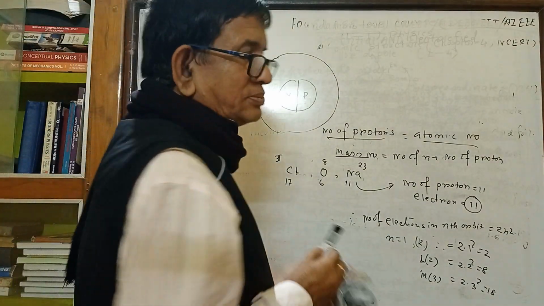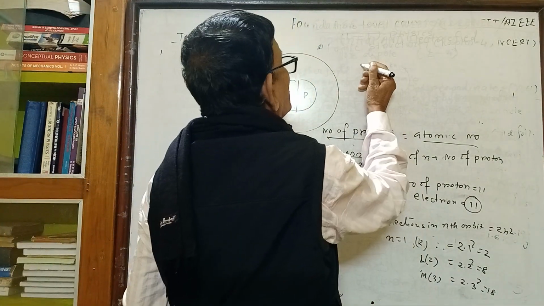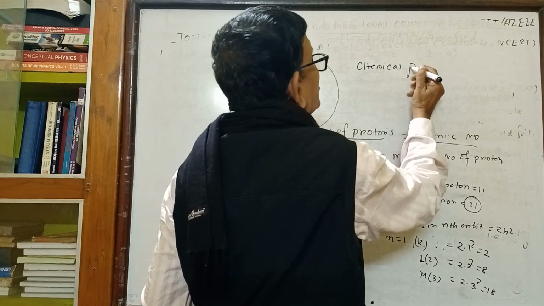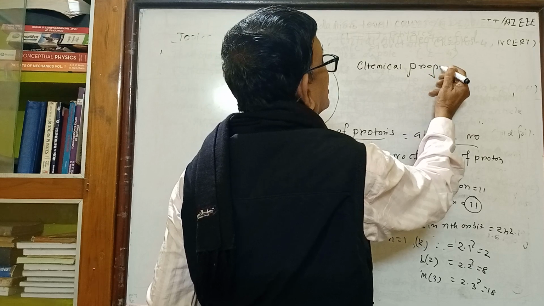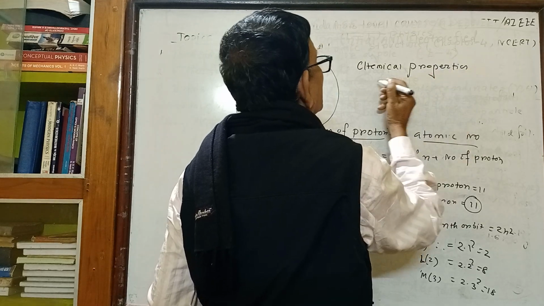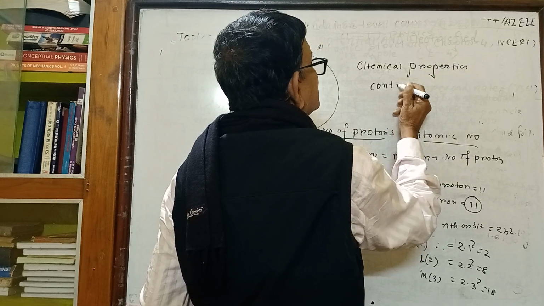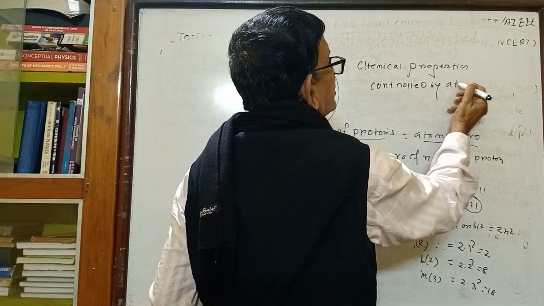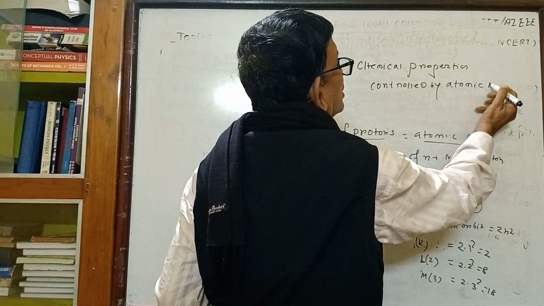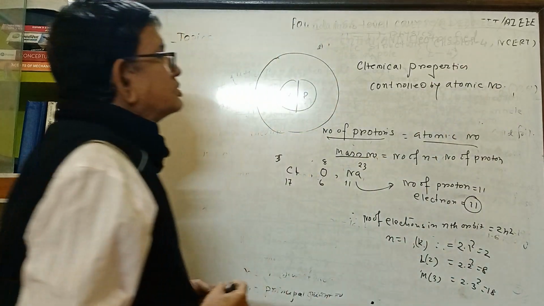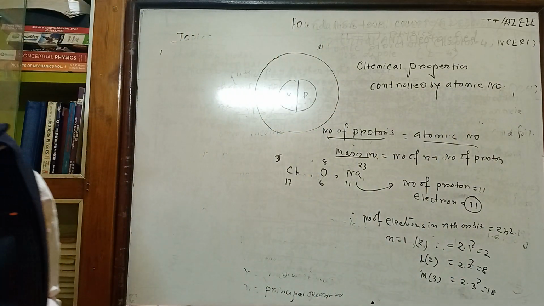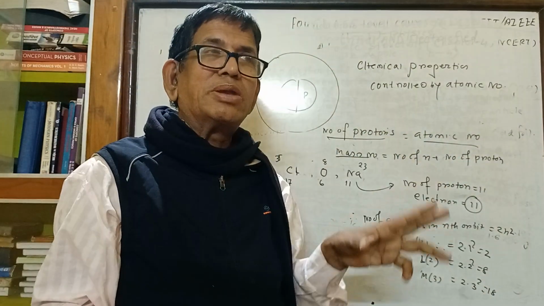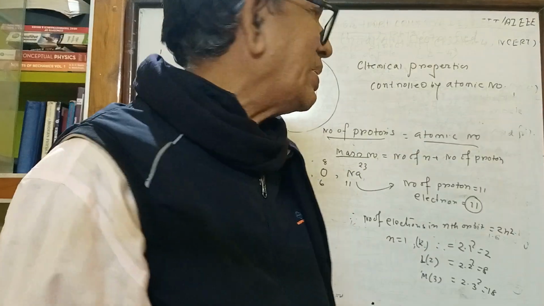I am writing: chemical properties are controlled by atomic number. Clear? Atoms having the same atomic number will show the same chemical properties but slightly different physical properties.